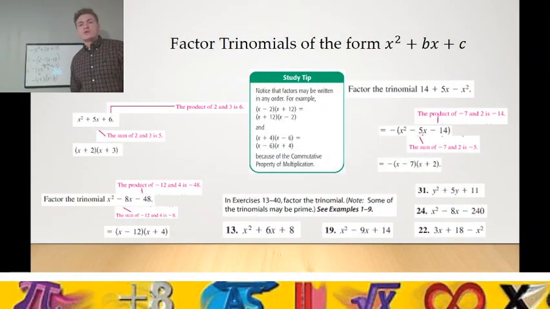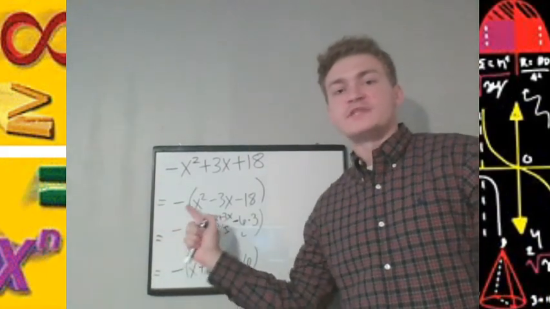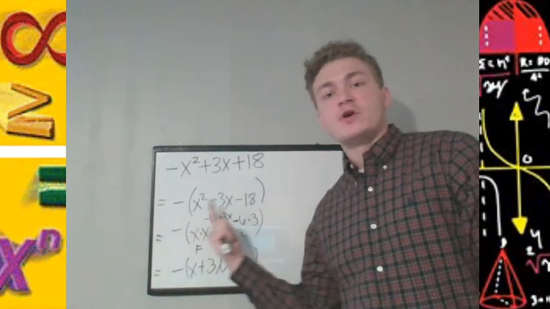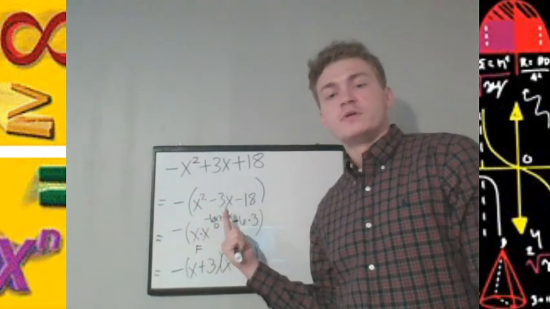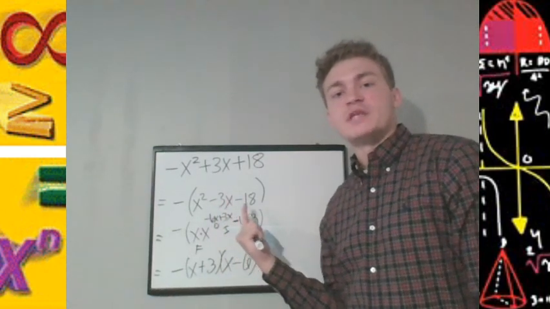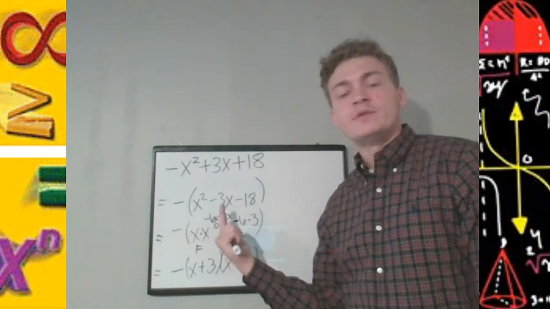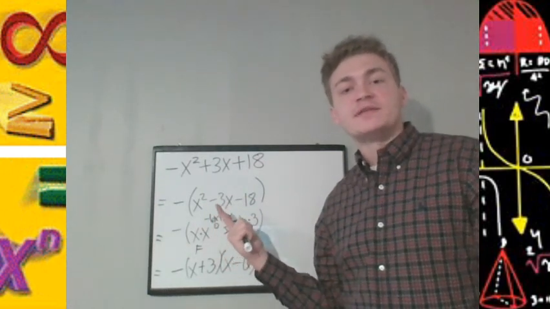All we did was rewrite number 22 in standard form and factor out the negative sign. So now this trinomial left over, after we factored out the negative, is easier to factor. Two numbers that multiply to give us negative 18 and combine to give us negative 3 are negative 6 and positive 3.